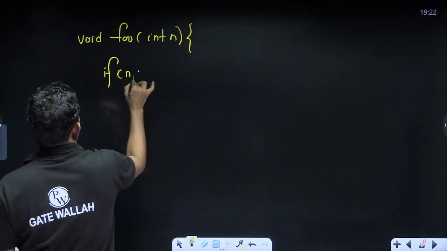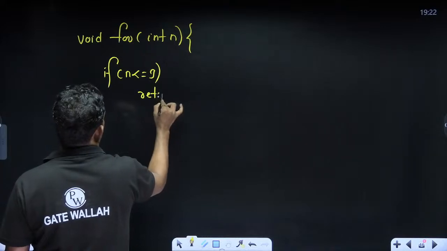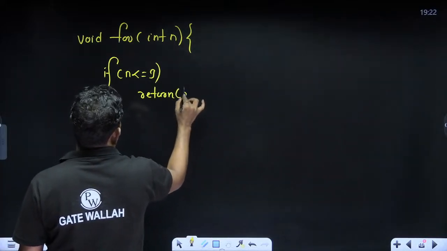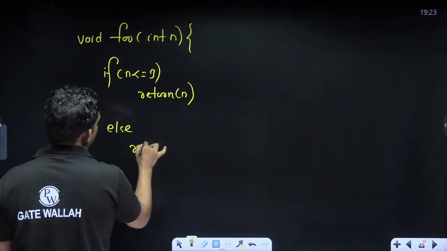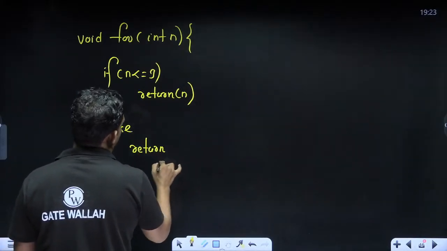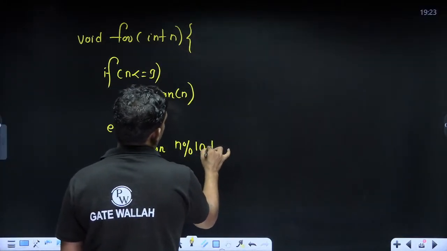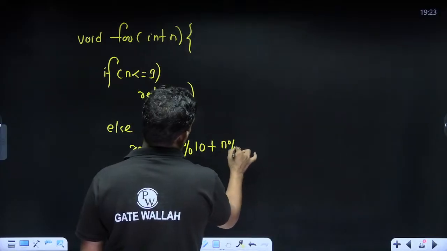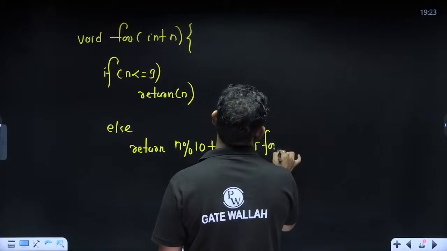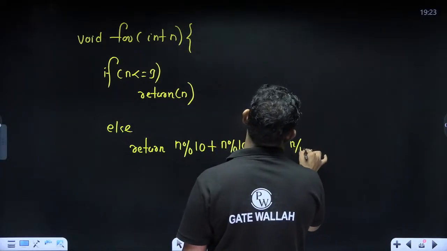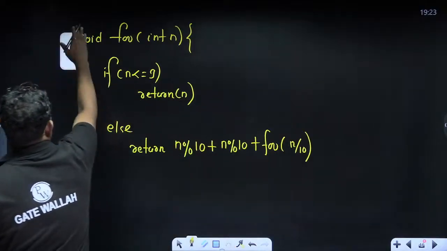int foo(int n): if n is less than or equal to 9, return n, else return n modulo 10 plus n modulo 10 plus foo(n divided by 10) plus foo(n divided by 10).